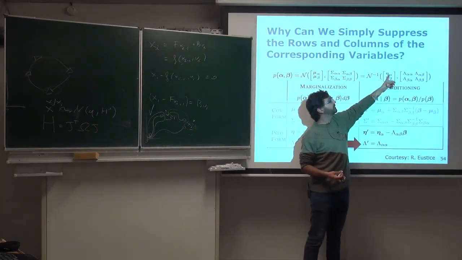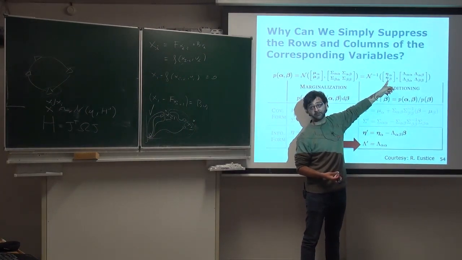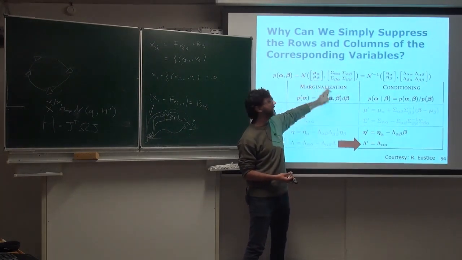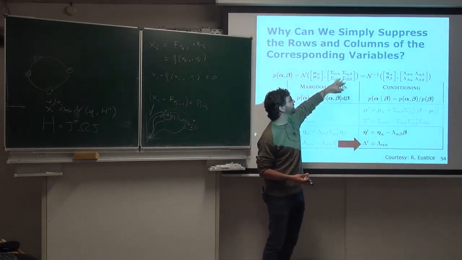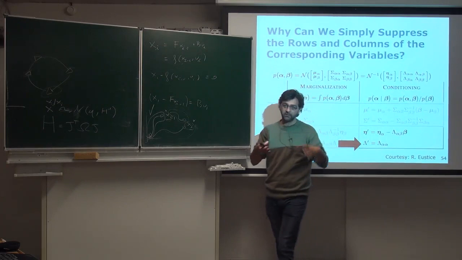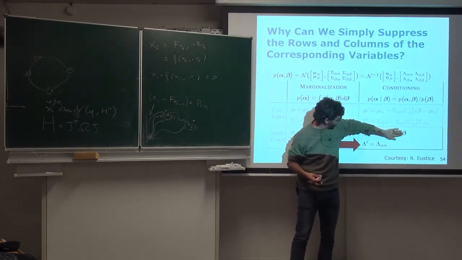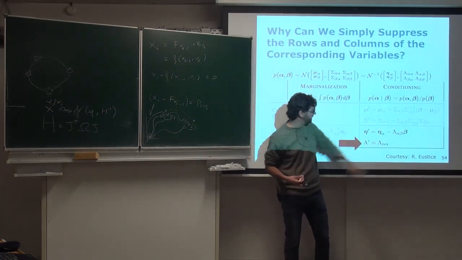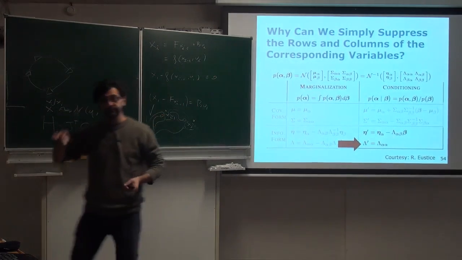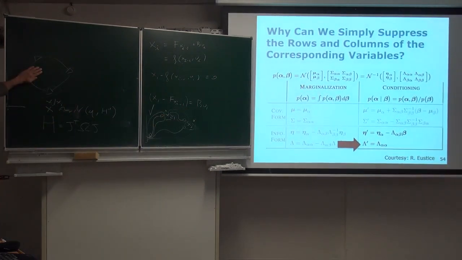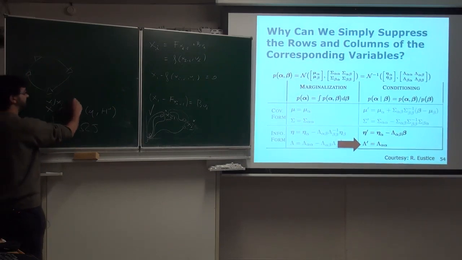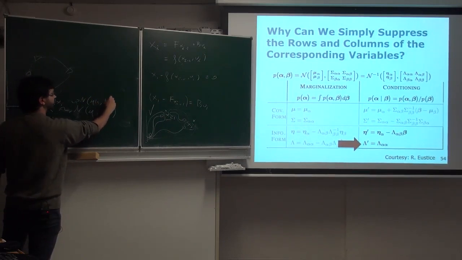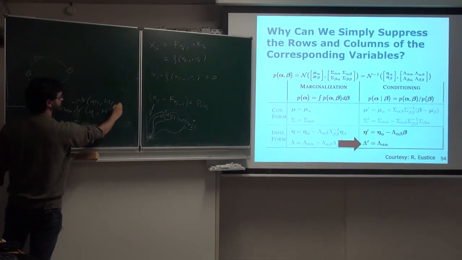Instead of having the covariance matrix, I have the information matrix. We're interested in the information there. Once we have the information, we can eliminate part of it, which means I'm fixing that variable. Again, this goes as a normal distribution with the mu and the information of x given xi.